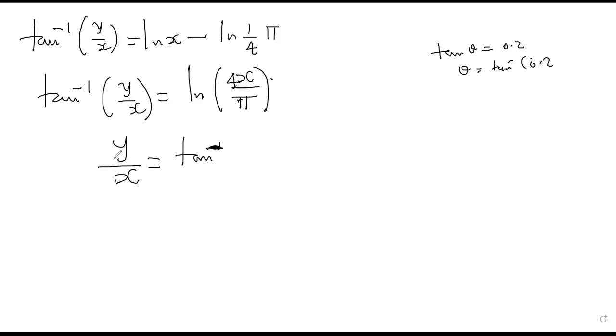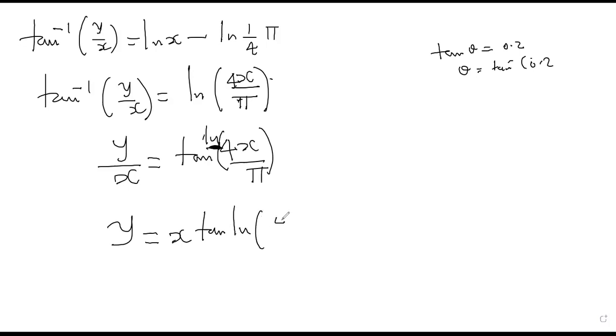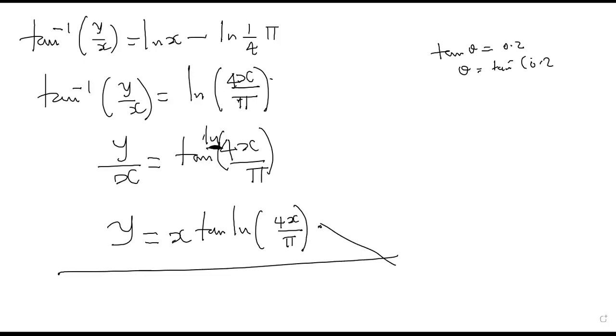So even here, y over x will be equal to tan of ln 4x over pi, implying that y is equal to x tan of ln 4x over pi. So that is how we do it.